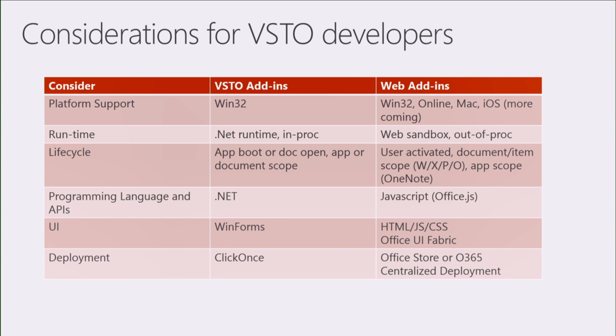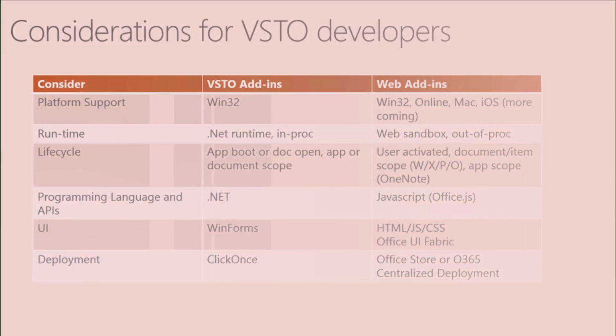And lastly, we talked about deployment. ClickOnce in the case of VSTO is the typical deployment mechanism, whereas for web add-ins, you now have the Office Store, which is a public global catalog that any user of Office can get to. But you also get the centralized deployment option for enterprise. So if you want to have a private deployment of internally developed apps, you will be able to do that through Office 365 deployment.